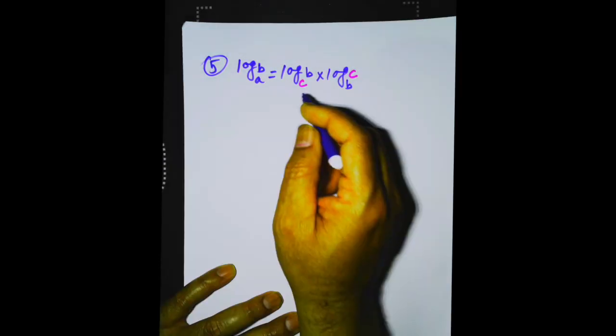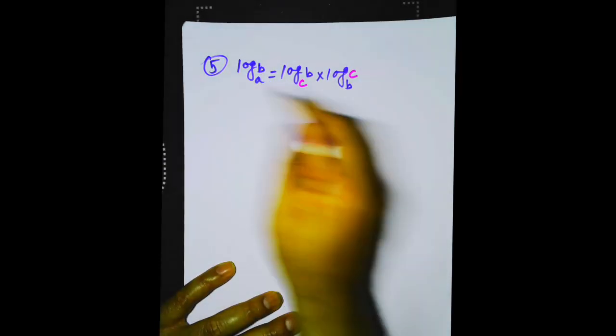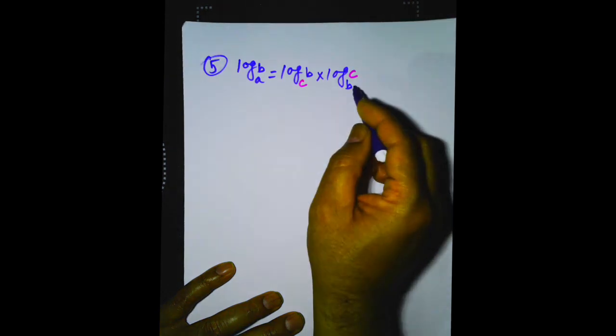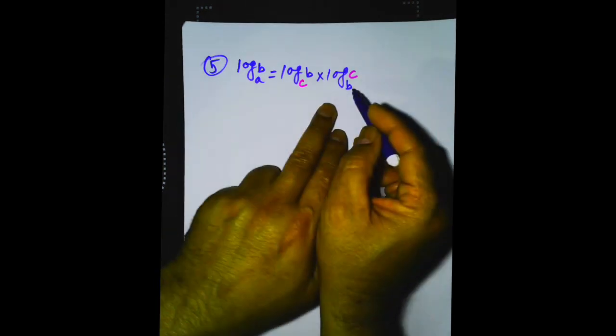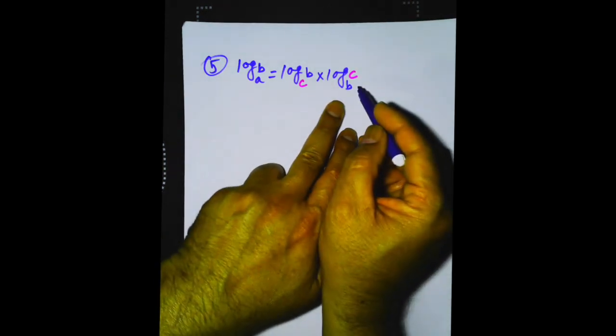So another property of the logarithm is like that. You can insert a lot of numbers in between, and if you keep on making a chain of such logarithms, then that will be true.